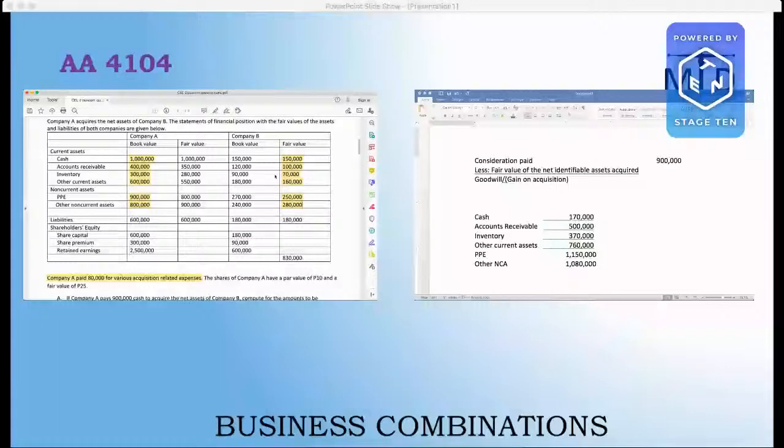Okay, but again, please don't forget that we are not just going to compute the assets but also the liabilities. But since it's a liability, class, to get your net assets, you deduct the 180. So was it 1,010,000? 1,010,000 minus 180 would give you 830.